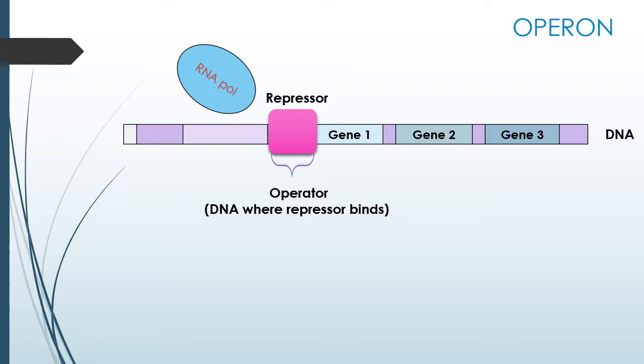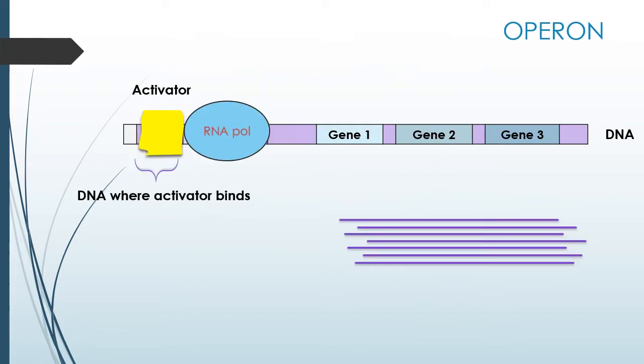Again, they are called repressors. When bound to its operator, a repressor reduces transcription, for example, by blocking RNA polymerase from moving forward on the DNA. Some regulatory proteins are activators.